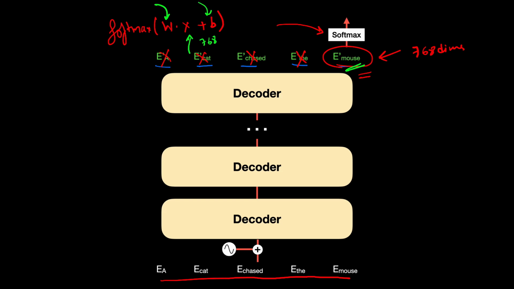The size of W is the vocabulary size by 768. I'm assuming that our vocabulary has 10,000 words. So when we perform a matrix multiplication of a W of this size with a vector of 768, we produce a final vector of size equal to the size of our vocabulary.